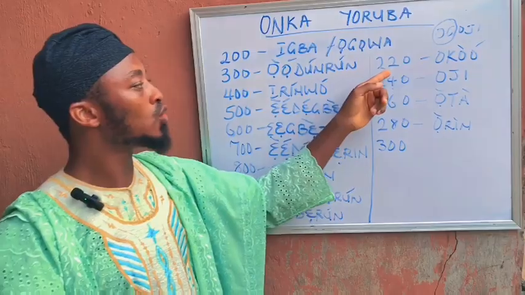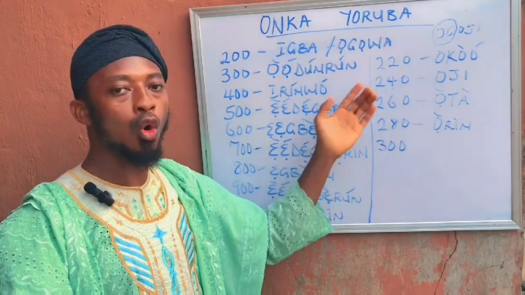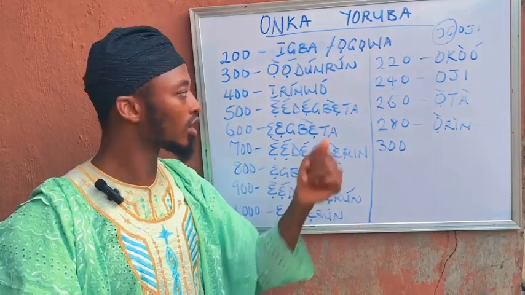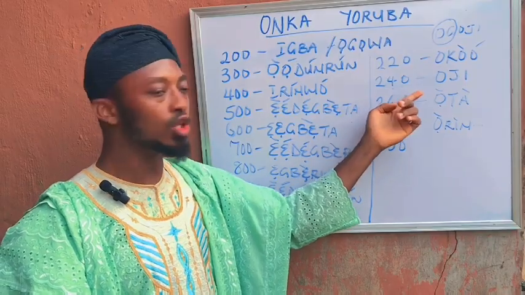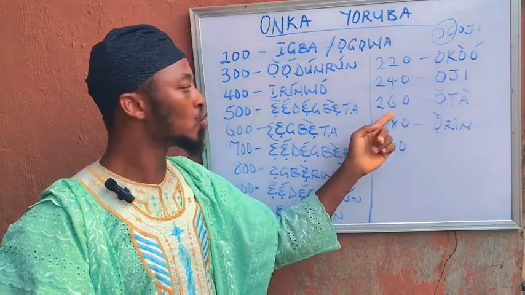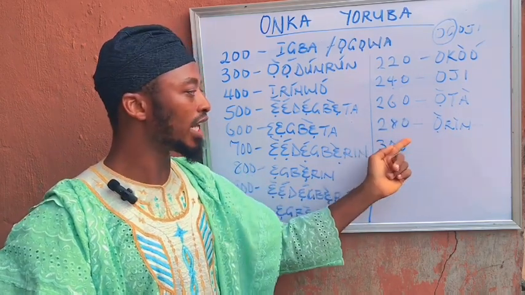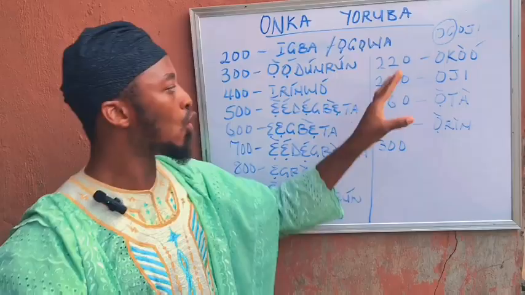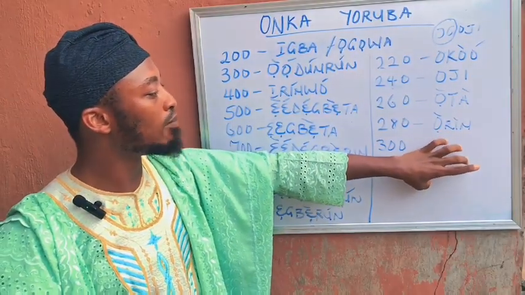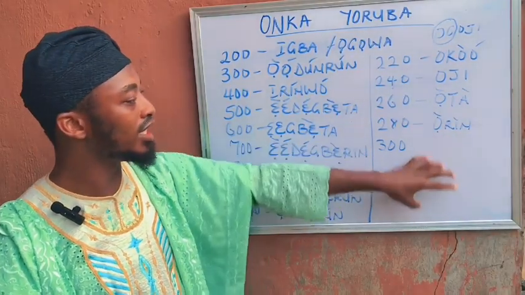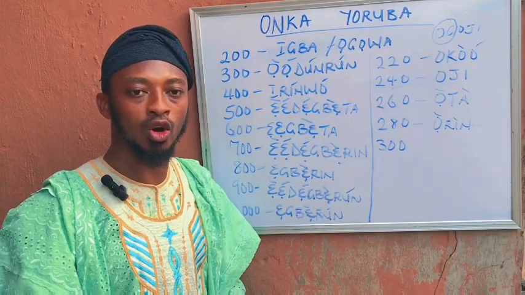And we said 220 is okòólénígba, 240 òjìlénígba, 260 ọ̀tàlénígba, 280 ọ̀rìnlénígba. We are going to be taking a look more at this side in the next lesson in this series.